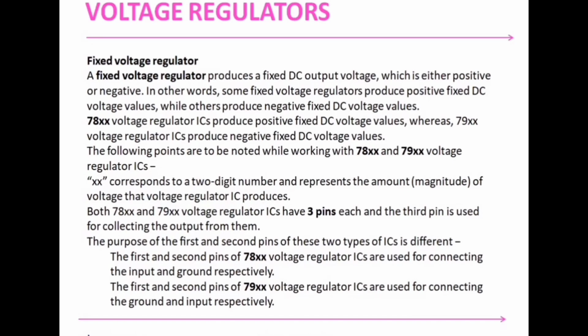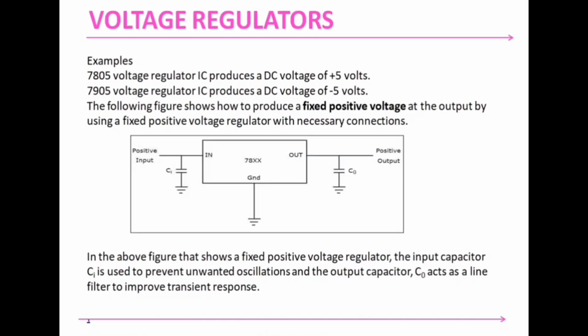The first and the second pin of the voltage regulators are used for connecting the input and ground respectively, and it is similar for 79XX. For example, 7805 produces positive 5 volt DC output. The 7905 voltage regulator IC produces minus 5 volt DC output voltage.